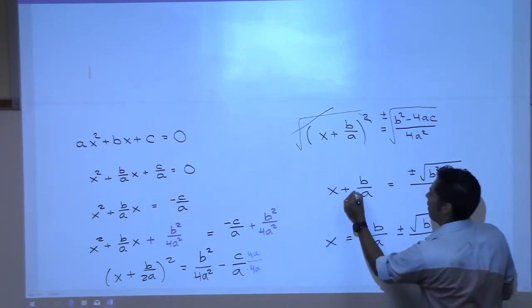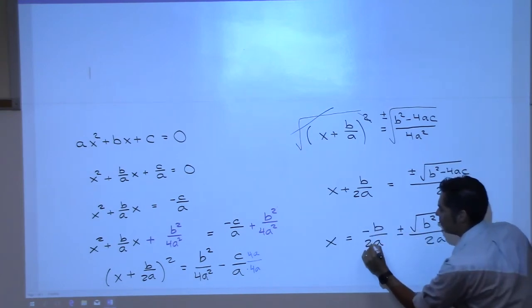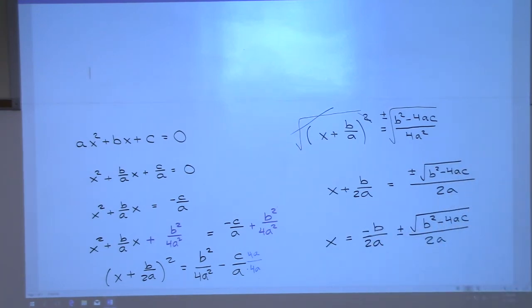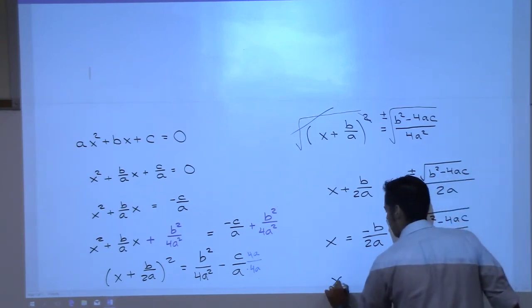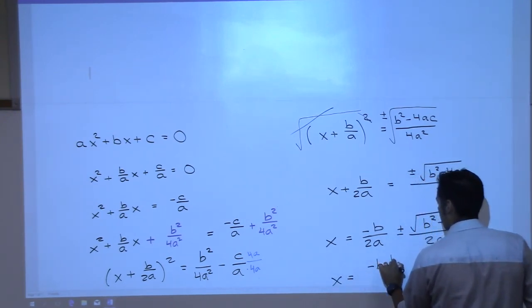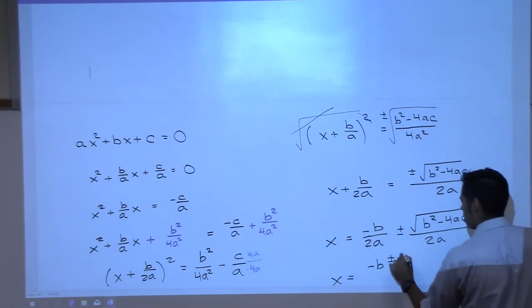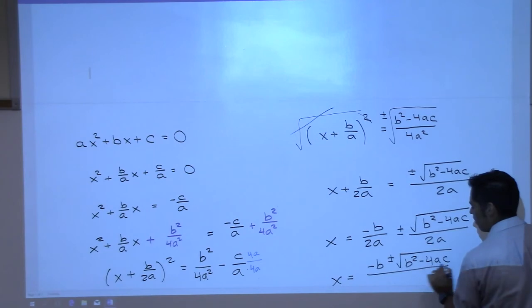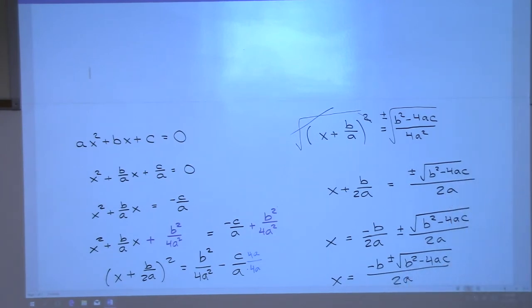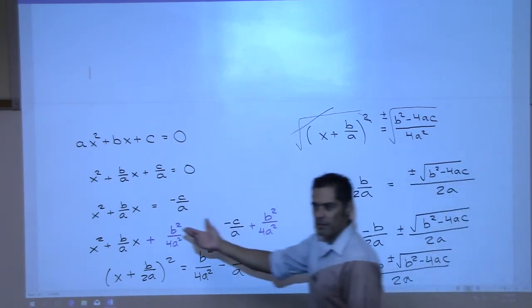This should have been 2a down here. That's 2a down here. Don't these already have the same denominator now? Yeah. Put them together, and what do you get? Negative b plus or minus square root of b squared minus 4ac, all over the common denominator 2a. That's your quadratic formula.